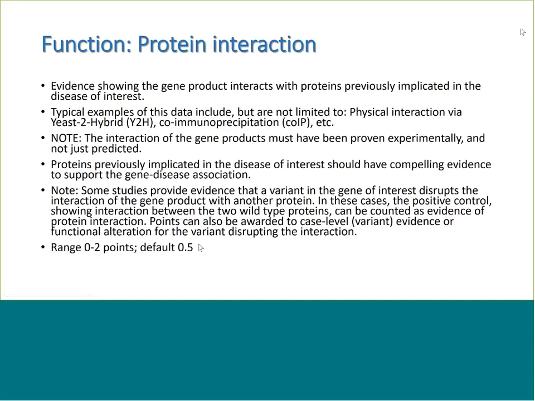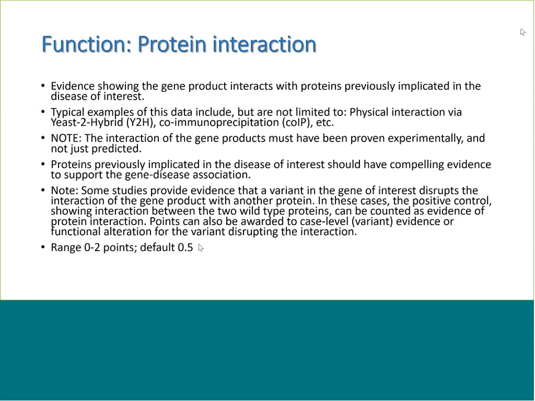So moving on, the next subcategory in the function section is protein interaction. This is where you would be collecting evidence showing that the gene product interacts with proteins that have been previously implicated in the disease of interest. Typical examples of this data could be showing a physical interaction via yeast-2 hybrid or co-immunoprecipitation, et cetera. The interaction of these gene products must have been proven experimentally and not just predicted.